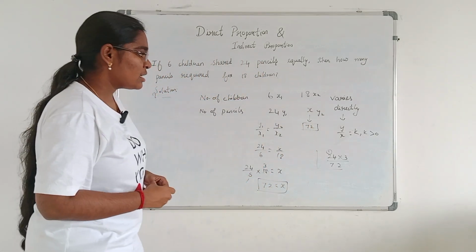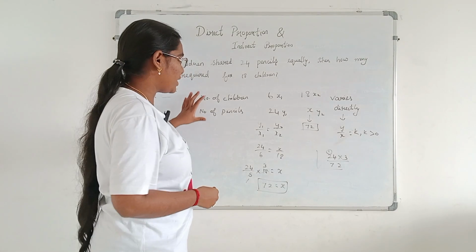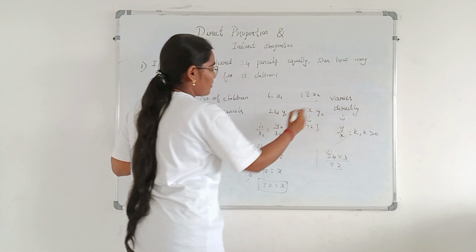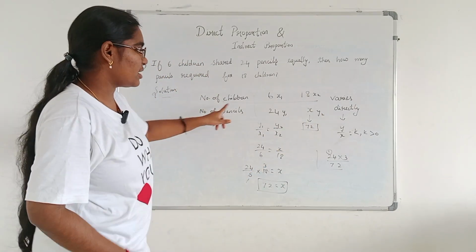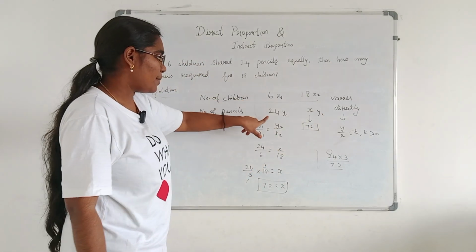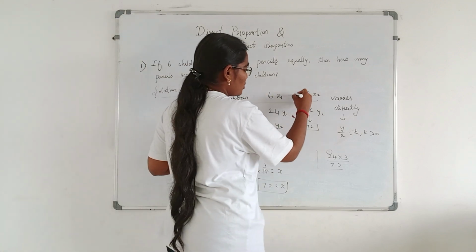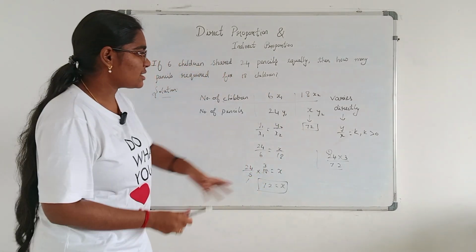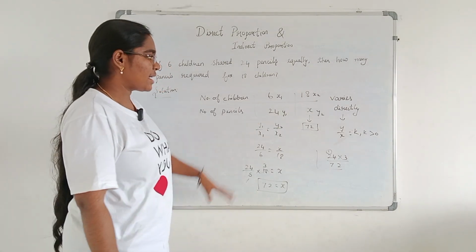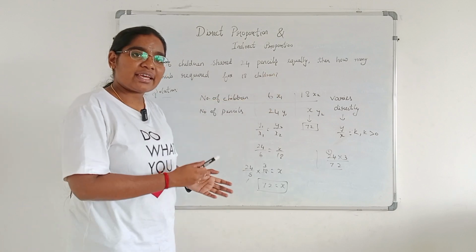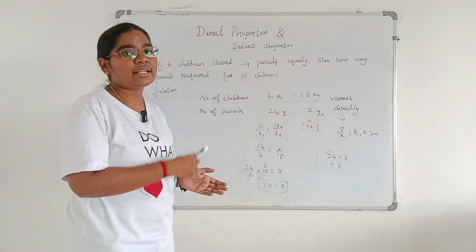So step number 1 is to write the given data. Here the given data is number of children 6, number of pencils for them 24, number of children 18, and the number of pencils we have to find. The second step is to find whether these data are varying inversely or directly.